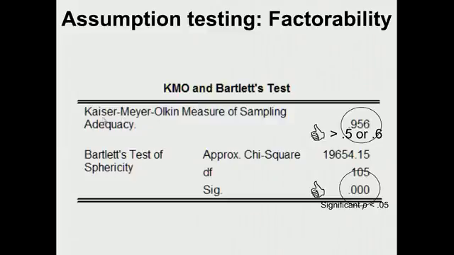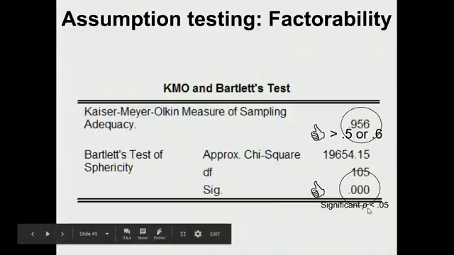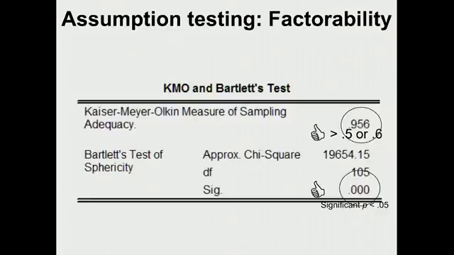The KMO, or the Kaiser-Meyer-Olkin, is above 0.5 or 0.6. Or the Bartlett's is significant. So in your lab report, you just want to show that you use one of those techniques to demonstrate that there were enough correlations to proceed.